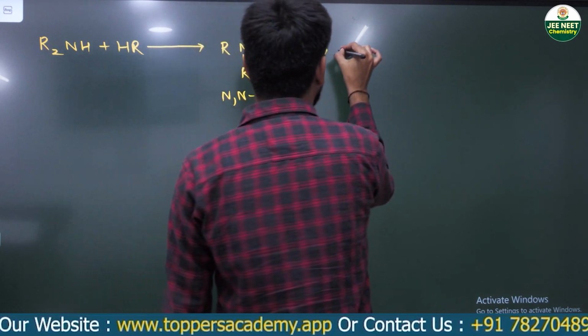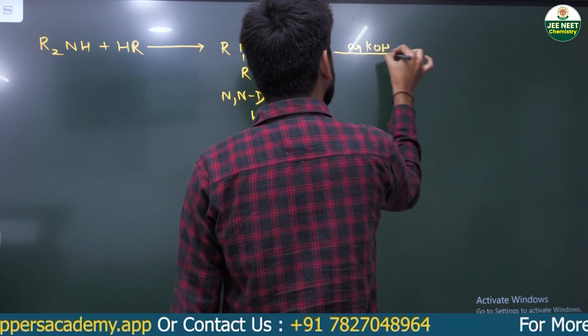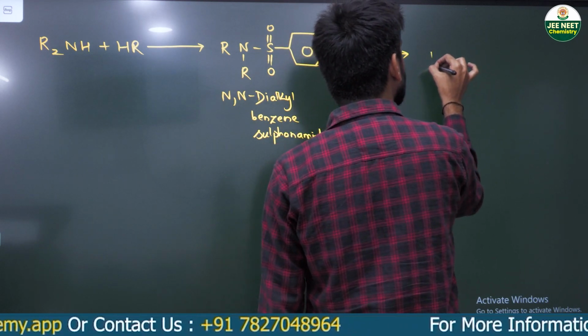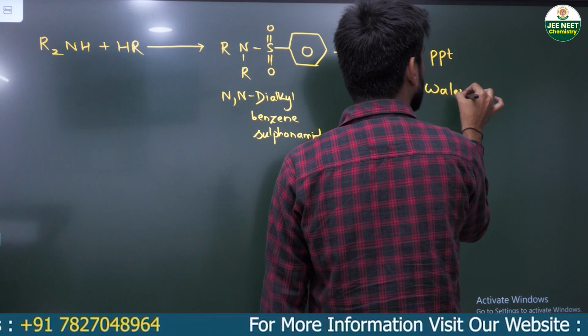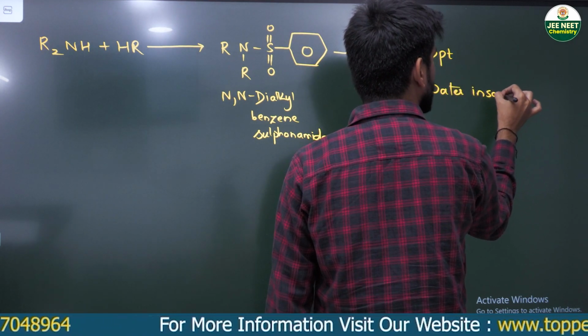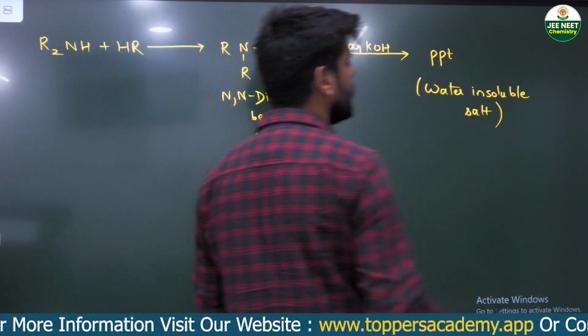And then when I treat it with aqueous KOH, a precipitate is formed. That means a water insoluble substance is formed, an insoluble salt in the form of precipitate.